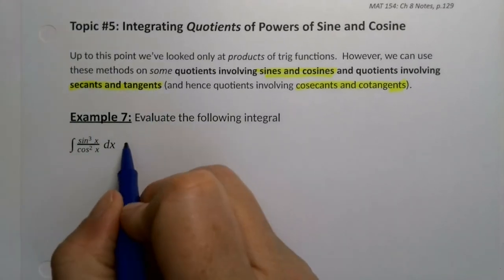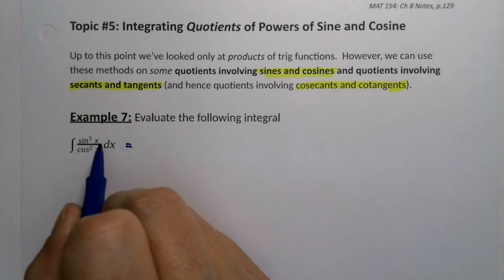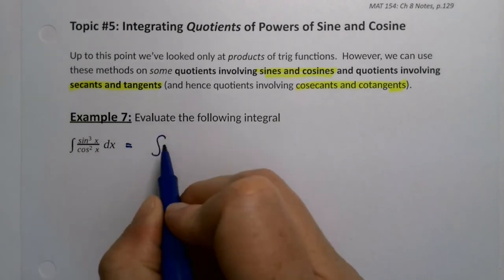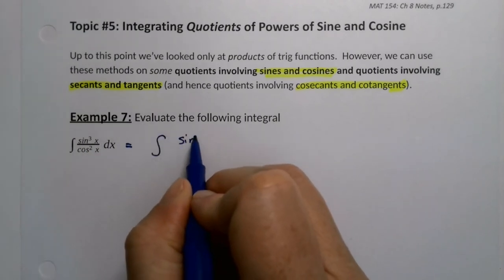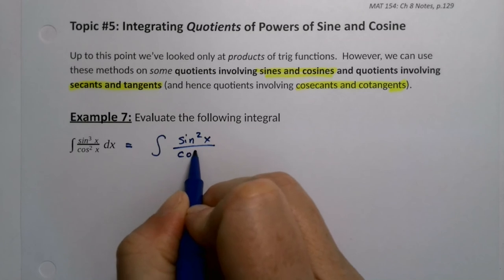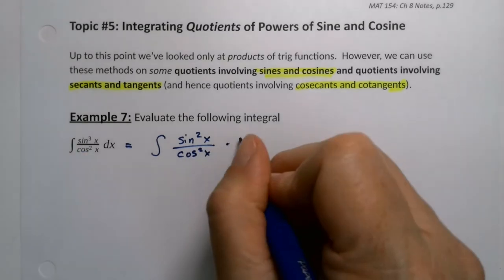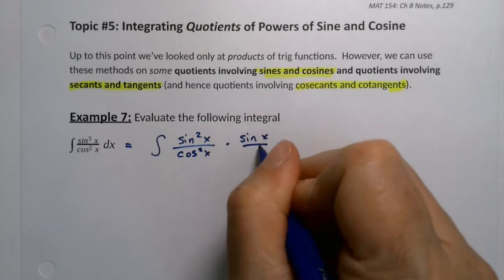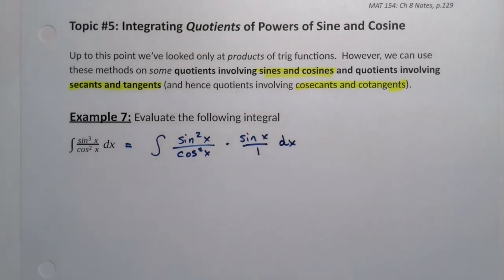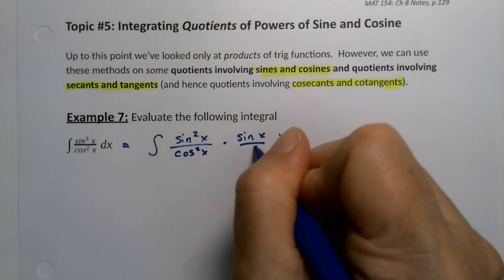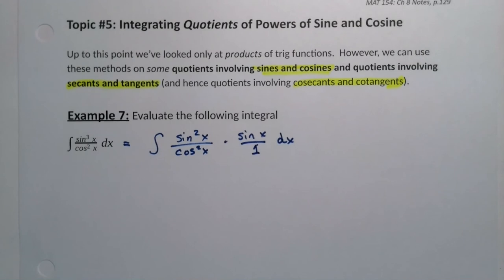All right, so let's look at how this is done, and I'll talk about that "some" in just a bit. Okay, so for this integral, I'm going to rewrite this. This is sine squared of x over cosine squared of x times, and there are three of them there, so times the sine of x dx. Technically, you don't have to write the over one part, but I just wanted to make it very clear.